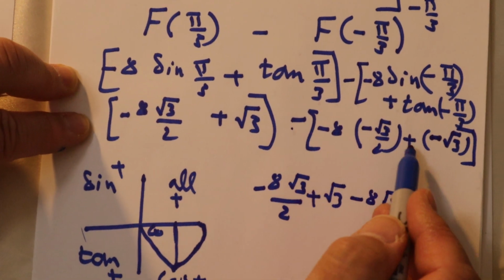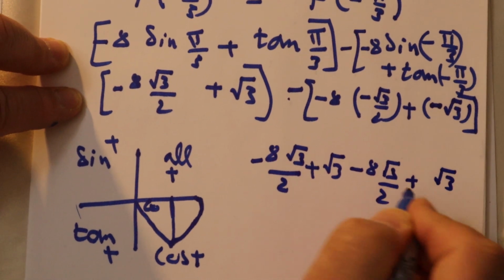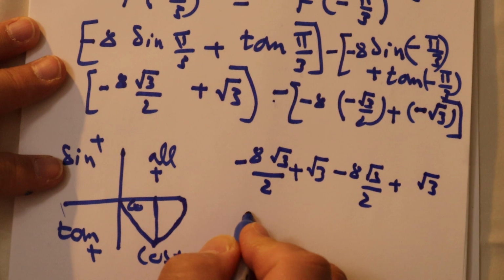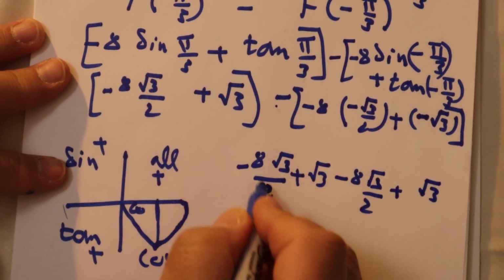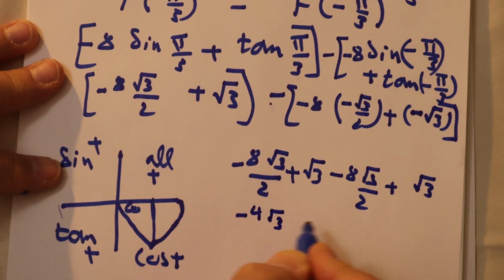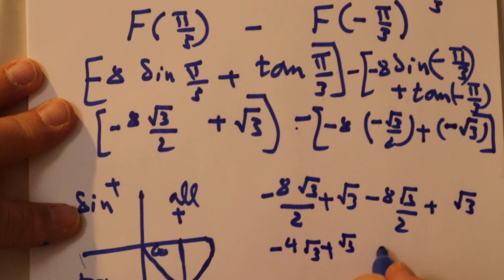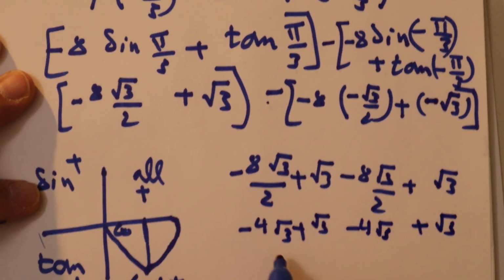And here is negative, positive, negative is positive, positive square root of 3. So the final evaluation: negative 8 divided by 2 is negative 4, so negative 4 square root of 3, and this is square root of 3, and this is negative 4 square root of 3, and this is the square root of 3.